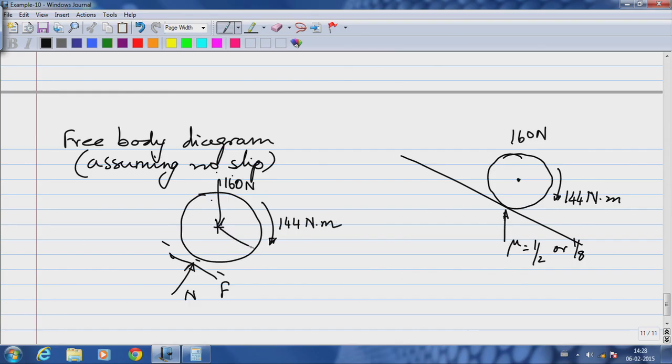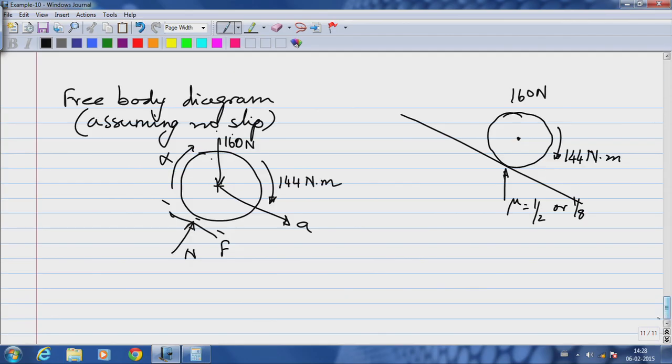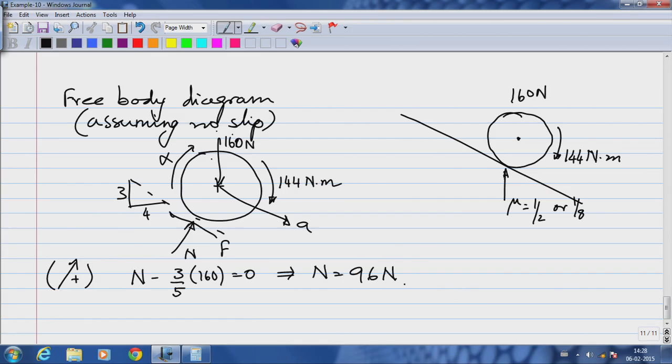Okay, this is our free body diagram. There is a linear acceleration a and an angular acceleration alpha. So, we will go through the same process. I am going to do a force balance perpendicular to the inclined plane, and that says N minus (3/5) of 160 equals 0, which also implies N equals 96 Newton.